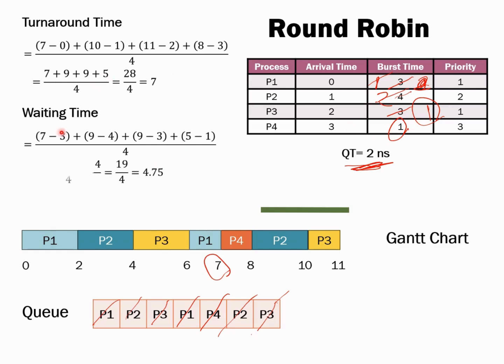We get 7 minus 3 is 4, 9 minus 4 is 5, 9 minus 3 is 6, and 5 minus 1 is 4. Together we get 19, divided by 4, and the result for average waiting time is 4.75.